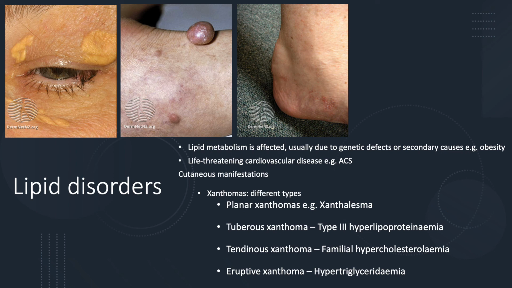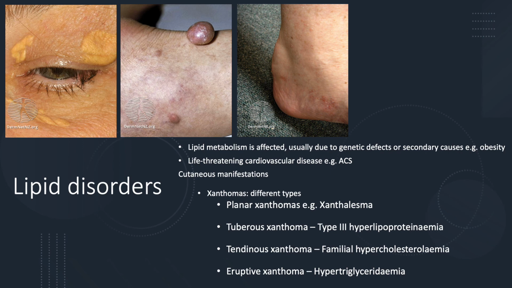And so your tendinous xanthomas are smooth, firm, and quite mobile, normally located on the Achilles tendon or a tendon over your knuckles, and there's usually no overlying skin changes with tendinous xanthomas.